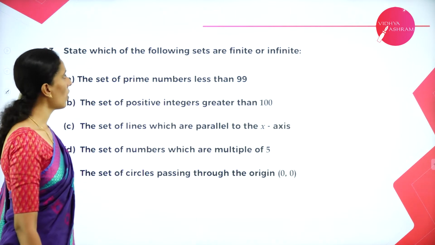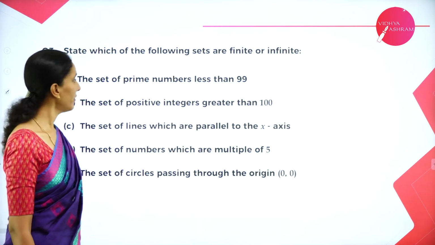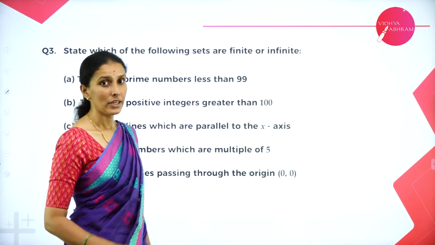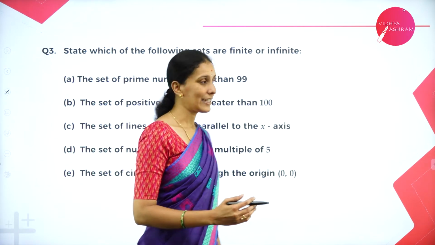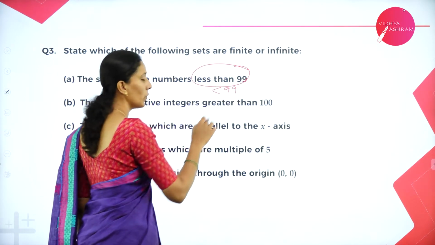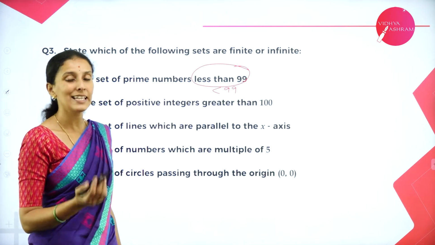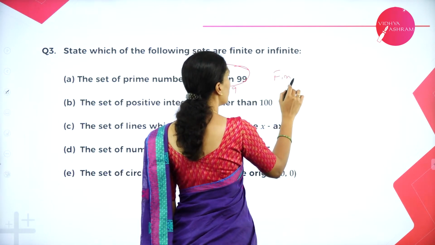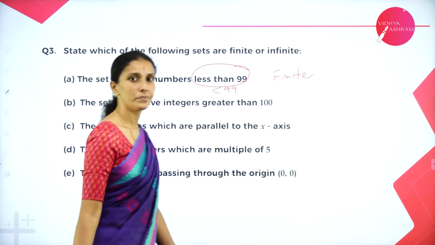Now, which of the following sets are finite or infinite? The set of prime numbers less than 99. When it comes to less than 99, the condition is here: less than 99. You can write all the prime numbers less than 99. So therefore, this is an example of a finite set.